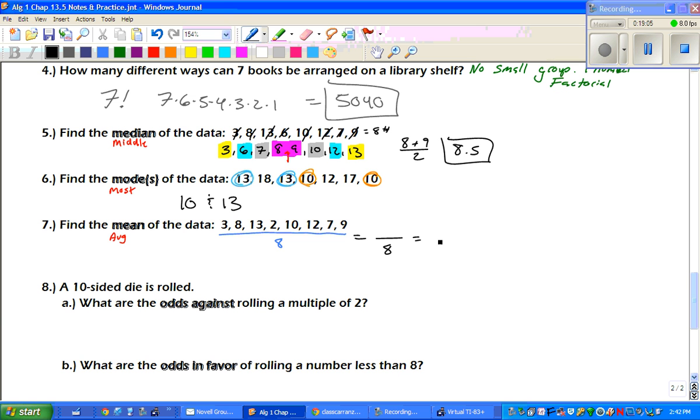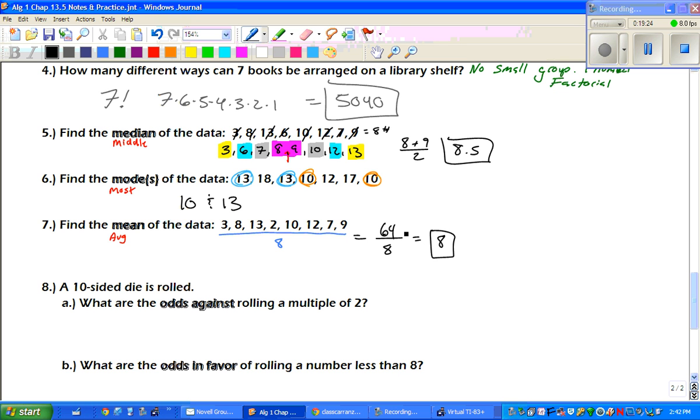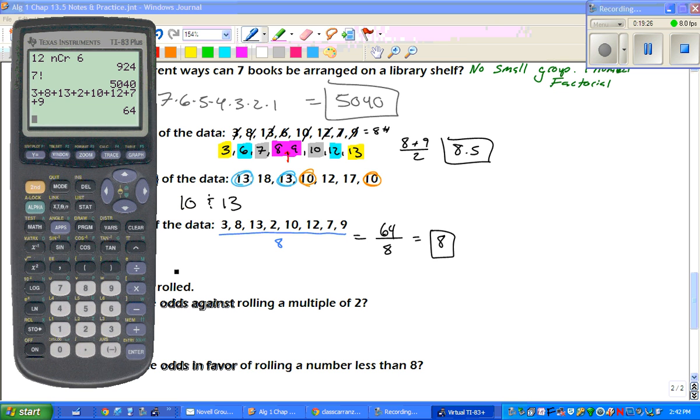You should get an average of 8, because 3 plus 8 plus 13 plus 2 plus 10 plus 12 plus 7 plus 9 is 64. See how we added all of that first? You get 64, and then 64 divided by 8 is 8.